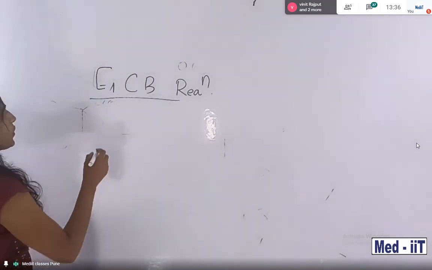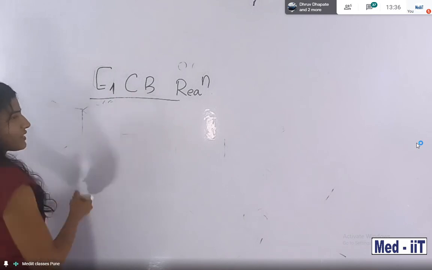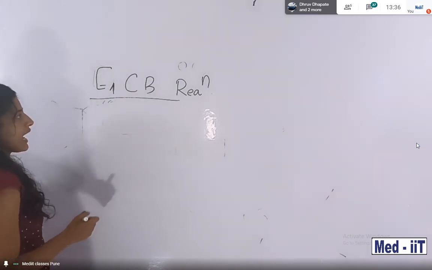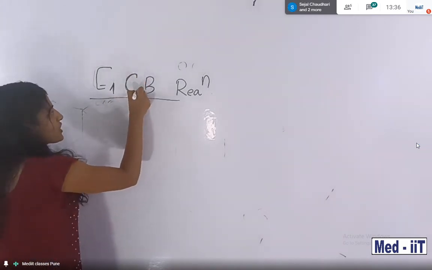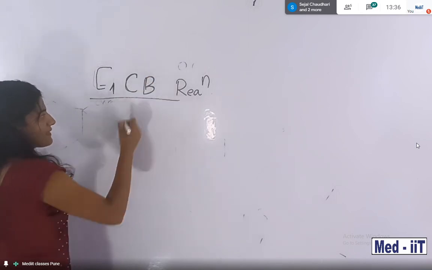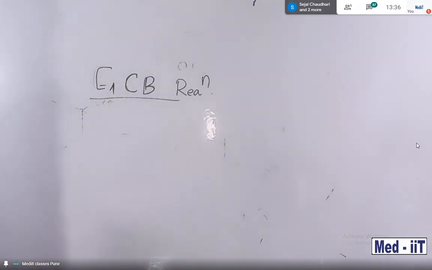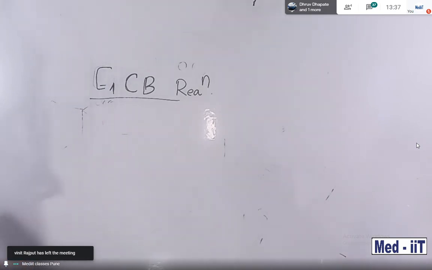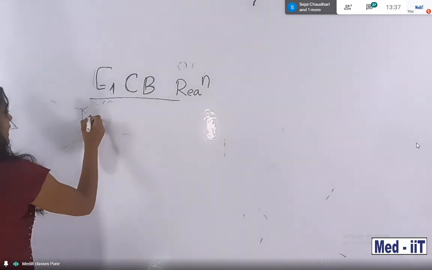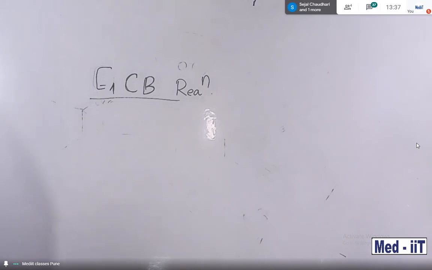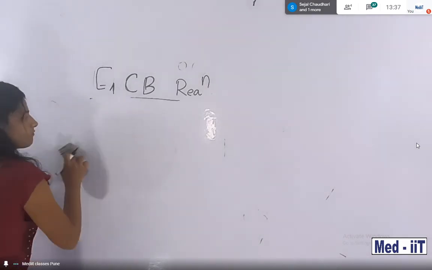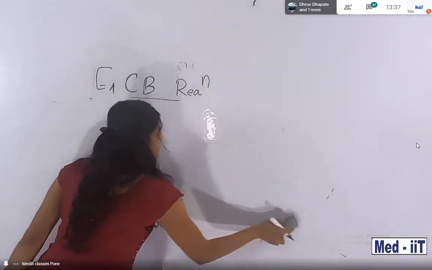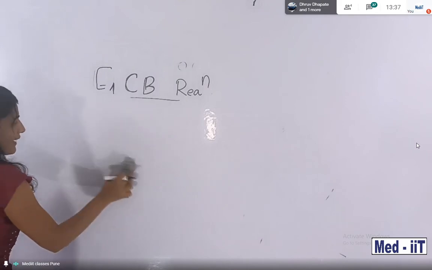So the full form is elimination first order and then conjugate base. Okay, conjugate base. What are the conditions? These conditions you want to keep in mind, right?